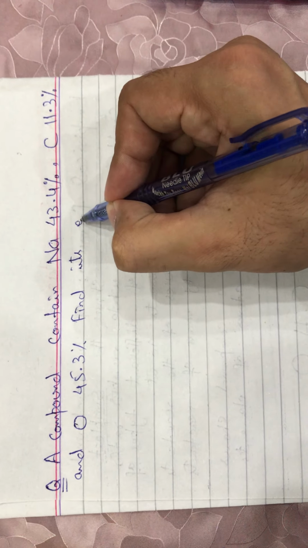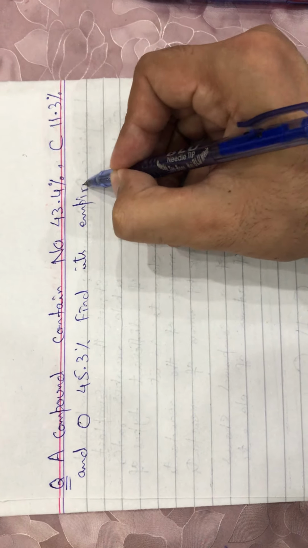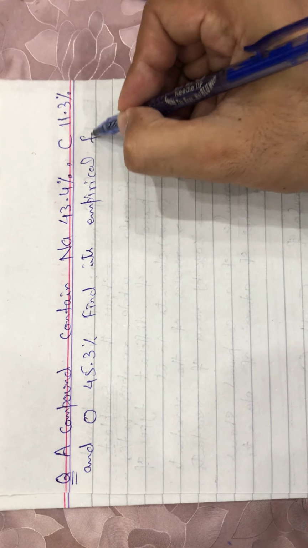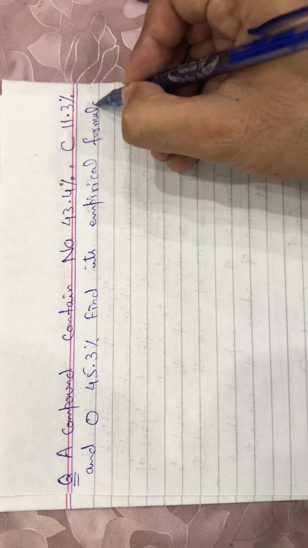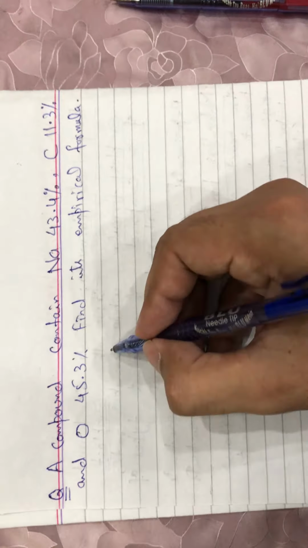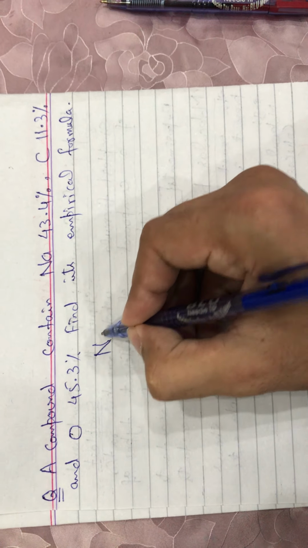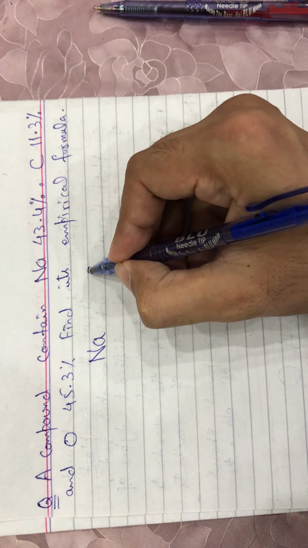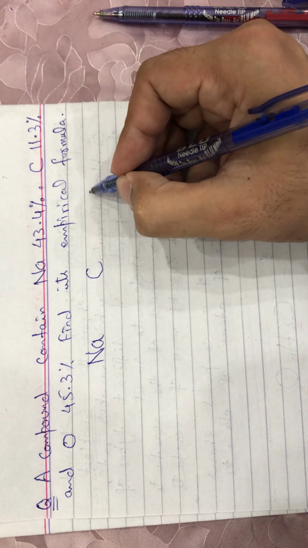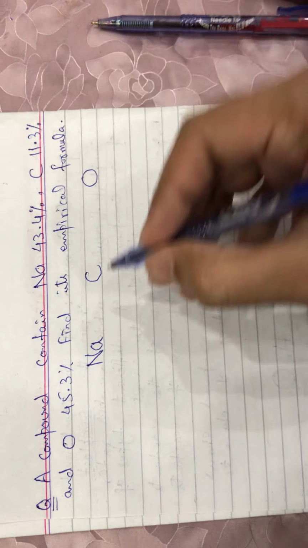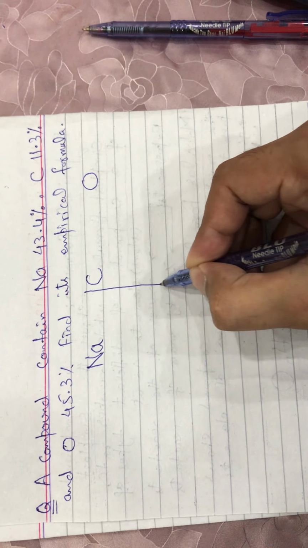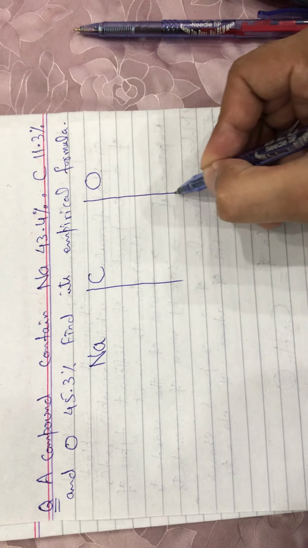Find its empirical formula. Now write down the elements that we have. We have sodium in the formula, we have carbon in the formula, and we have oxygen in the formula.